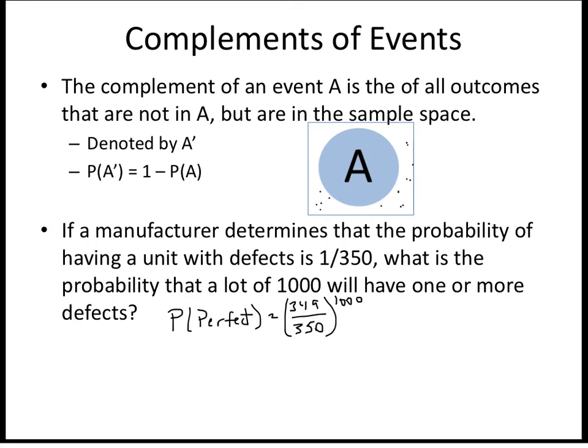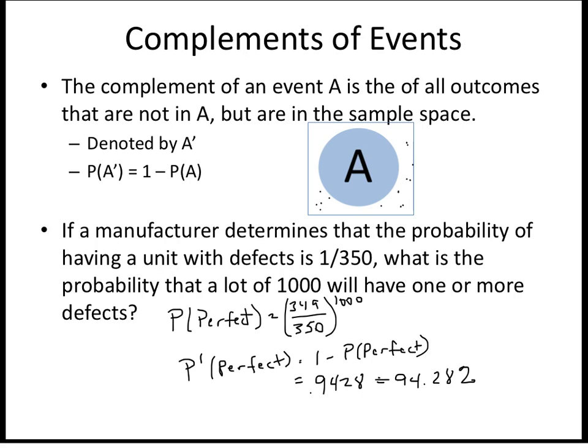So the probability that at least one is faulty will be 1 minus the probability that they're all perfect. So that will be 1 minus 349 divided by 350 to the 1,000th power, which is 0.9428, I should say, which is 94.28%.